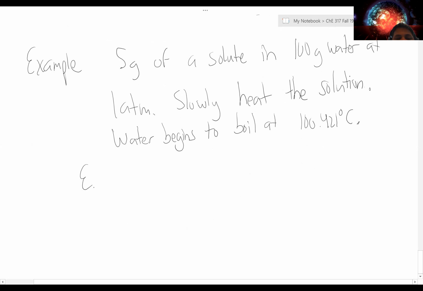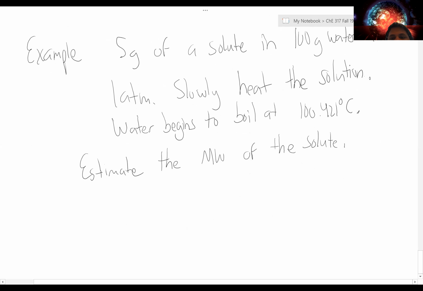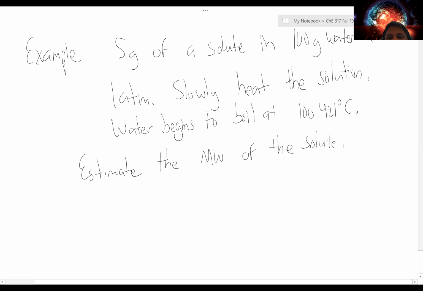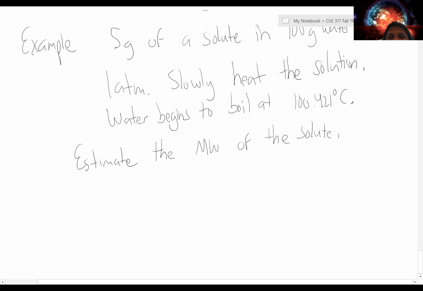And so let's estimate the molecular weight of the solute. So we're looking at something in water. When we heat the solution, we notice that the water boils at 100.421 degrees Celsius.